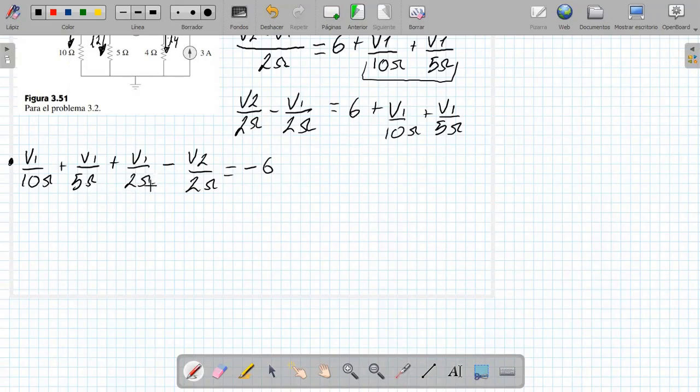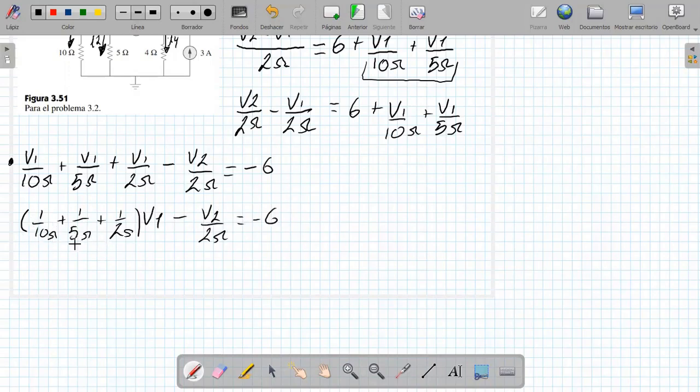Okay. So notice that here we have B1 over 10 plus B1 over 5 plus B1 over 2 minus B2 over 2 minus 6. This is the same as having 1 out of 10, 1 out of 5 plus 1 out of 2. If you want to put the units, we put it by B1, minus B2 over 2 equal to minus 6.